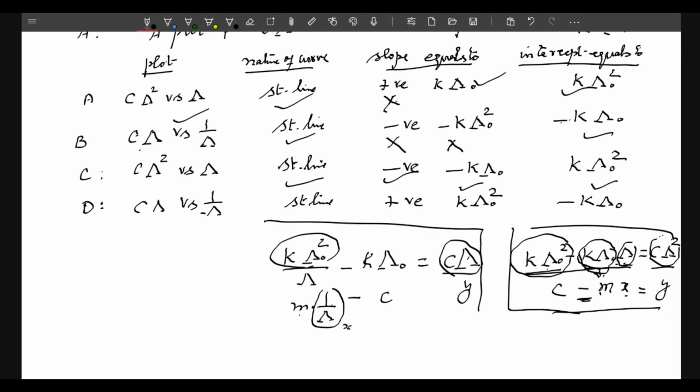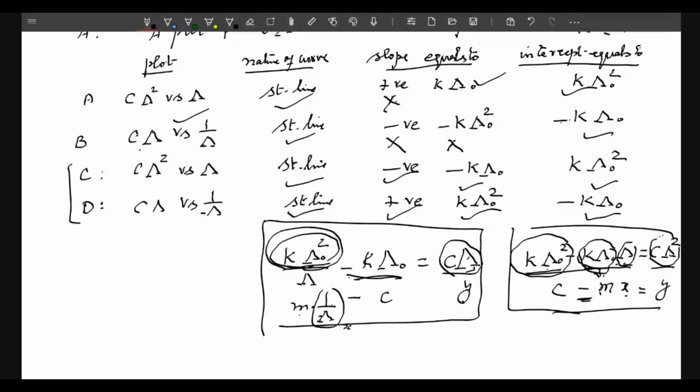Now they have taken the second equation, whether it is correct or not. When you plot C lambda versus 1 by lambda, y is equal to mx minus c, a straight line, and you will get a positive slope, and the slope is equal to K lambda naught square. And the intercept is minus K lambda naught. Therefore, C and D.